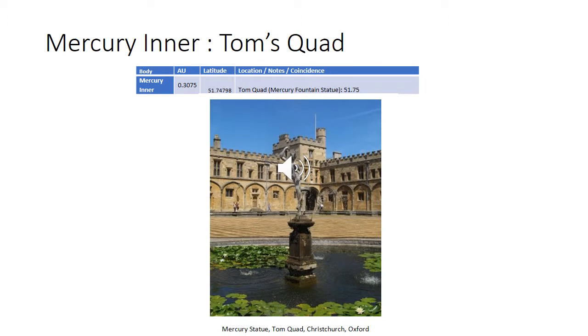Now the inner Mercury orbit distance goes very close to, almost through, the site of Tom Quad in Christ Church College, Oxford. And in the centre of the quad is a pond, and in the centre of that pond is a statue of Mercury. So it's another nice coincidence there.